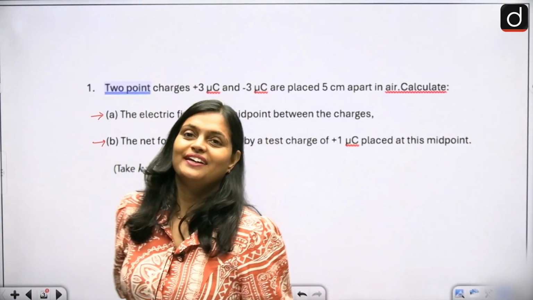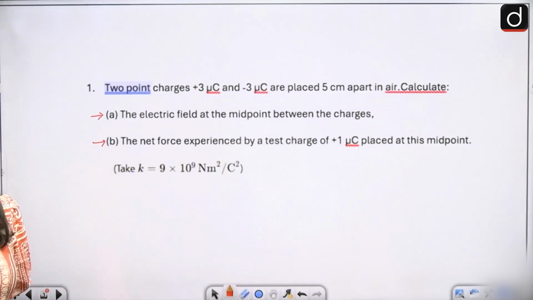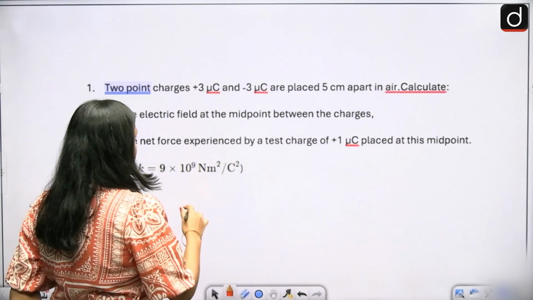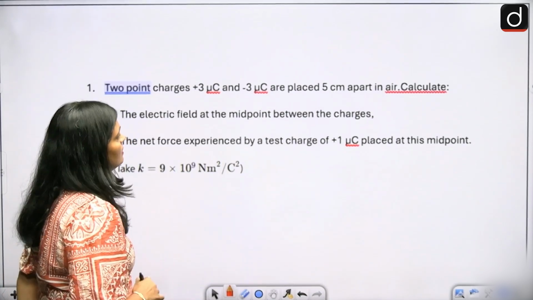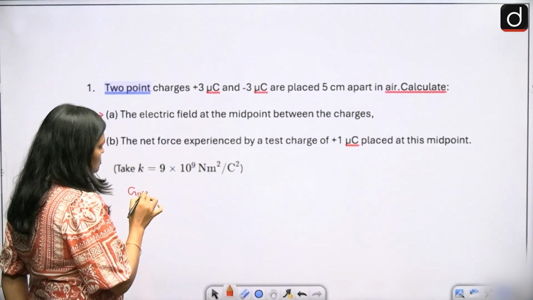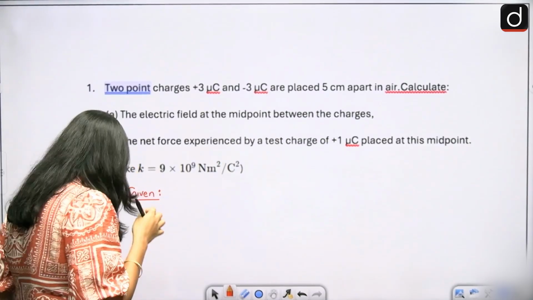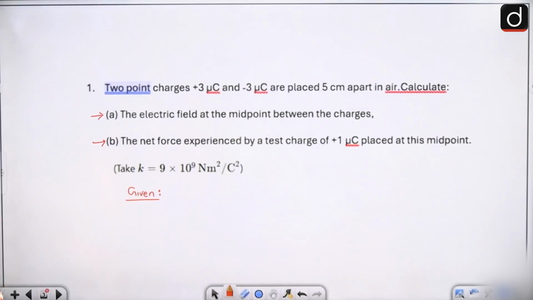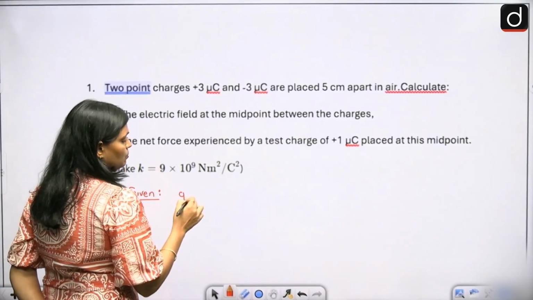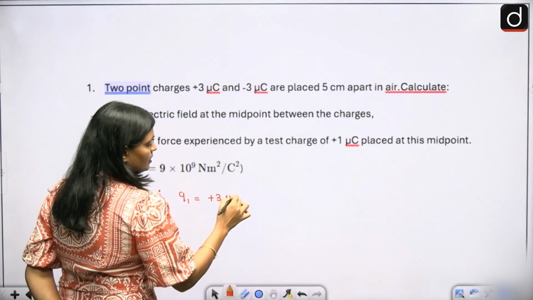First of all, try to note down what is given here. See, this is how to write these questions in your exam, suppose you are going for the board exam. What is given: Q1 equals 3 µC.